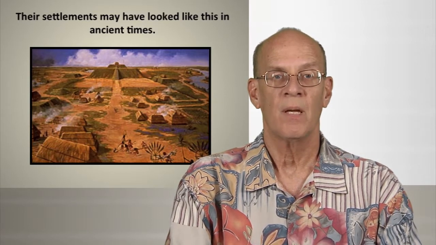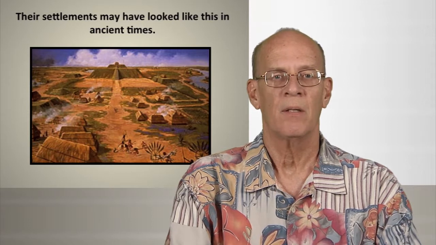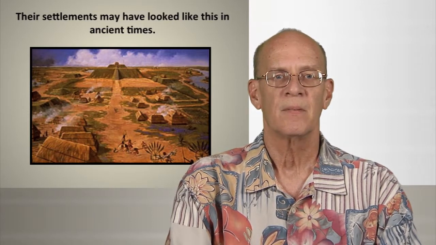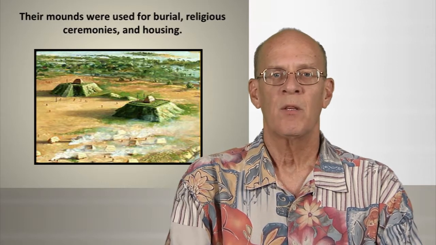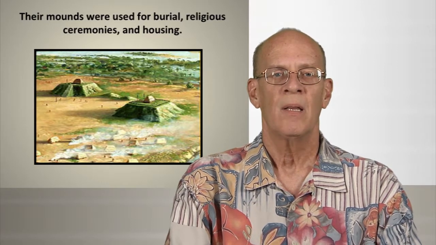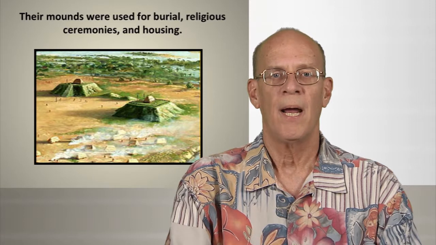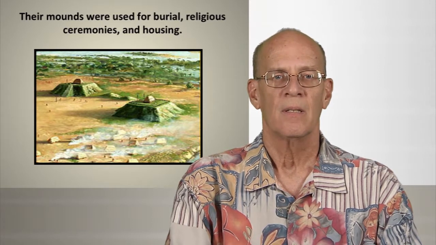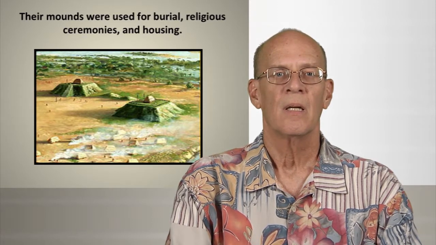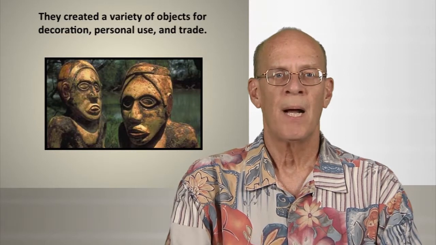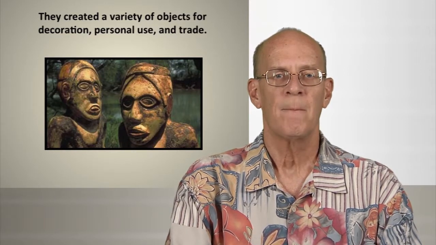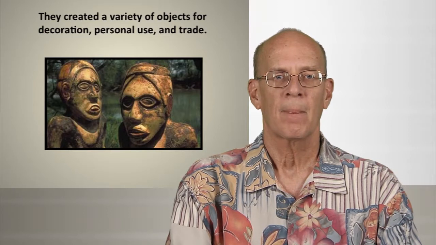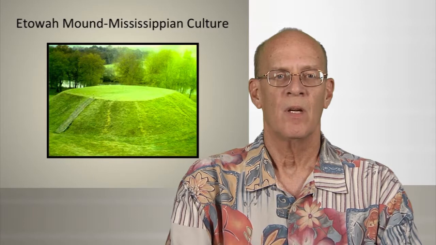And you can see, because of the mound there in the background, that's why they're known as Moundbuilders. They explain in the PowerPoint, as well as the handout, that the mounds were used for a variety of purposes. We also show in the PowerPoint some of the artwork that they created. This is another mound.